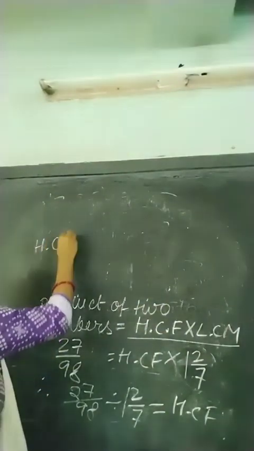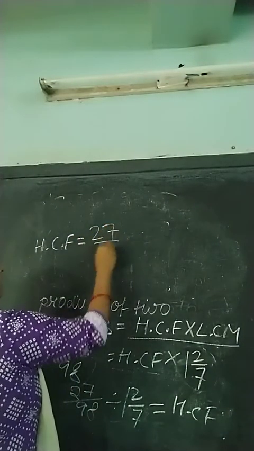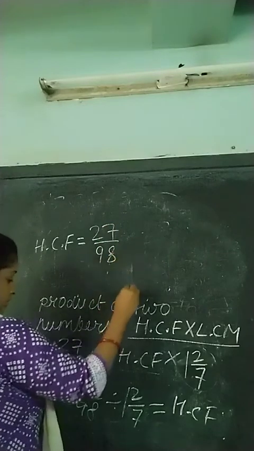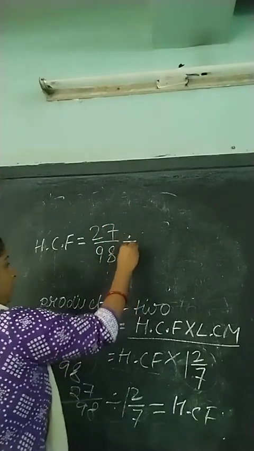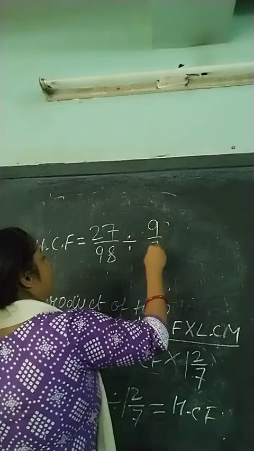HCF is equal to 27 by 98 divided by 1 whole number 2 by 7. We will change this into a mixed fraction, which is 9 by 7.